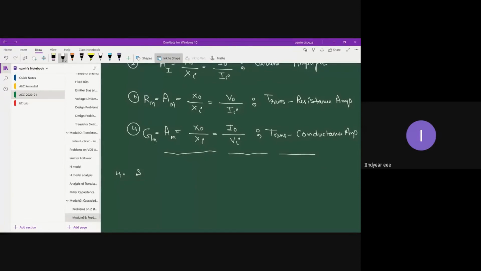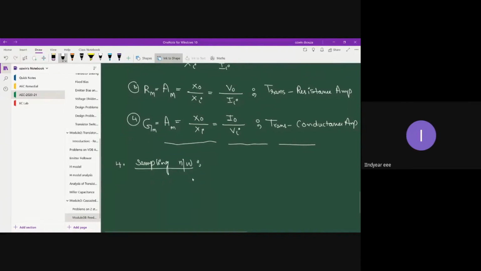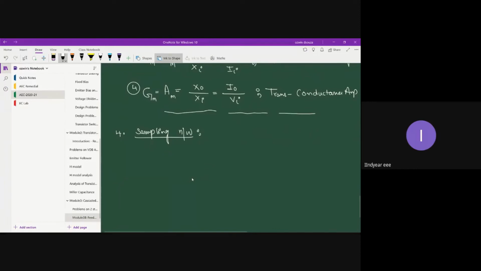And finally, we have the sampling network. In the beginning, I told you the purpose of a sampler. The sampler basically helps in tapping out the output signal. The signal can be a current signal or a voltage signal. If you want to tap a voltage signal, then you need a voltage sampler.